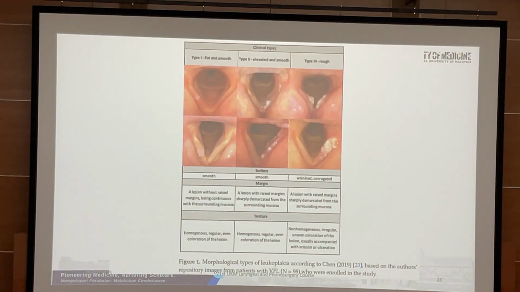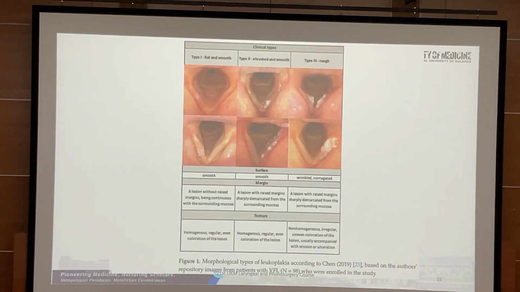So I want to mention leukoplakia. If you have a good instrument, you can categorize the leukoplakia: which one you can just observe, which one you have to quickly bring the patient to the operating room and do biopsy. This classification was published by Chen in 2019.